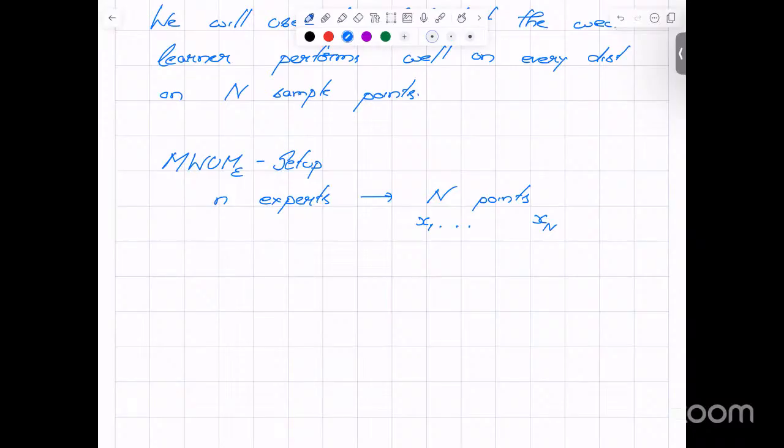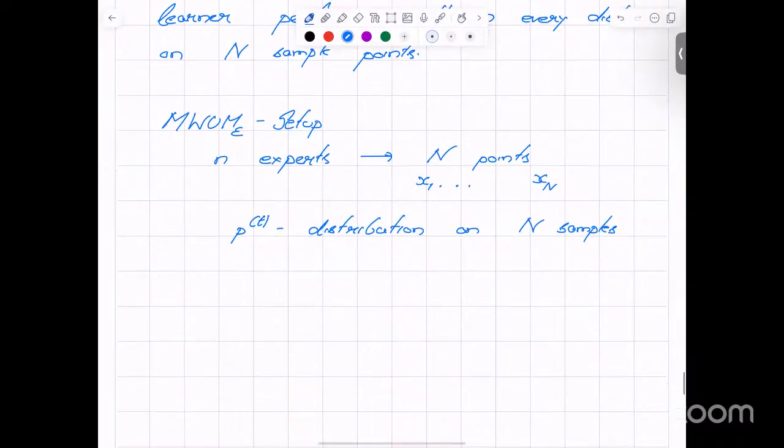PT is a distribution on these n samples. So start with P1 being the uniform distribution.